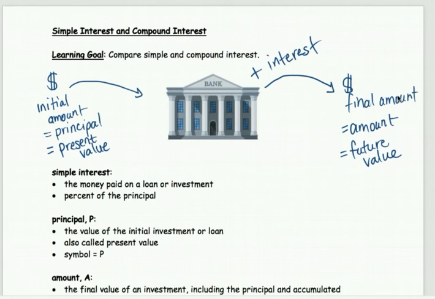So you're going to borrow money from the bank, okay? If you borrow money from the bank, it's the same idea as when you have it in your pocket at home, or maybe you bought a car with it. It's not at the bank, it's now in your car. So they'll charge you interest, okay? And then at the end, you have to pay back more money than you actually borrowed at the beginning.